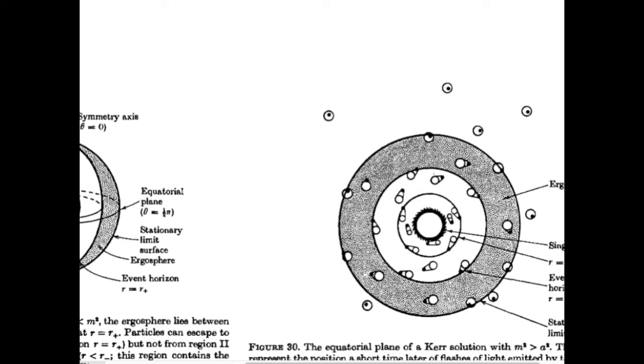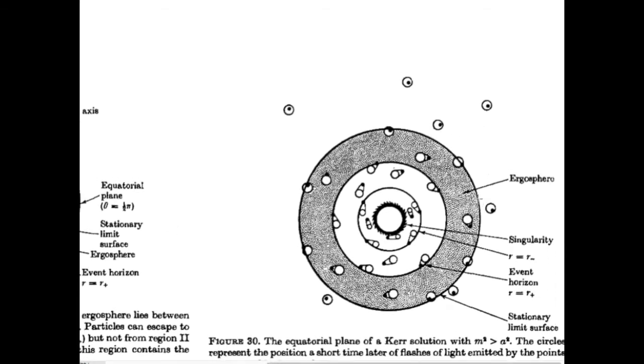And the closer you get to the black hole, the more this effect happens, and the event horizon is precisely the point where these circles are also shifted inwards so much that you cannot send a light ray to larger radial coordinates anymore. And then here you have the inner event horizon, and this is the ring singularity.